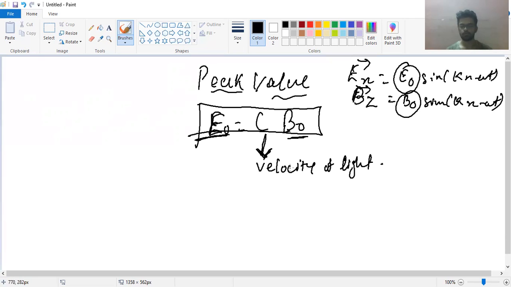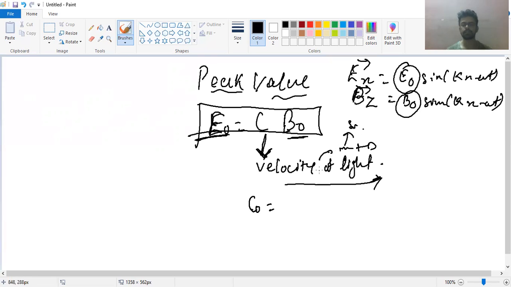As we know, light is an electromagnetic wave, and light doesn't require any medium to travel. It can travel in vacuum also, correct? Velocity is magnitude plus direction, and if you talk about magnitude only, then it is speed.